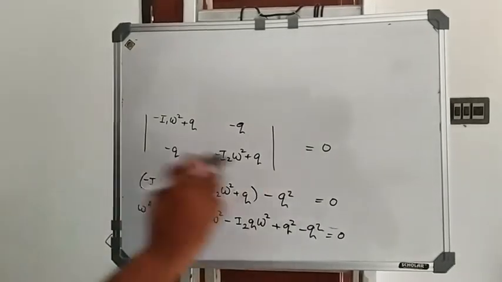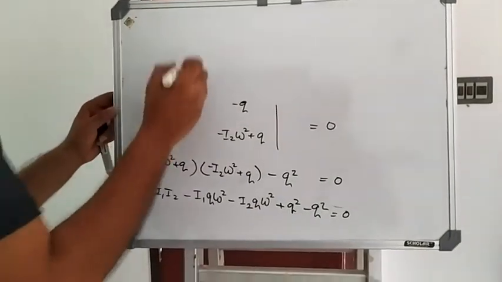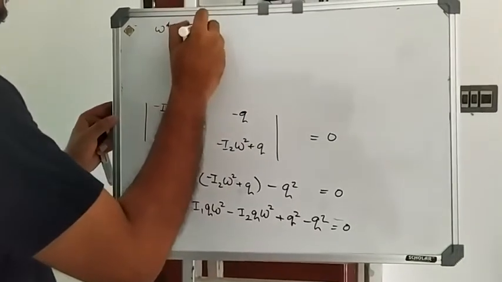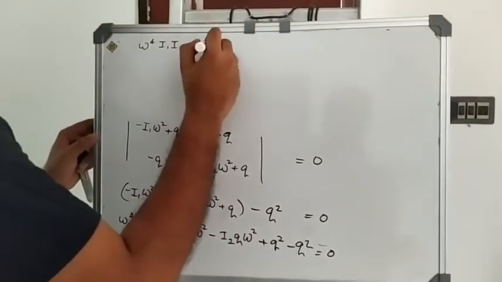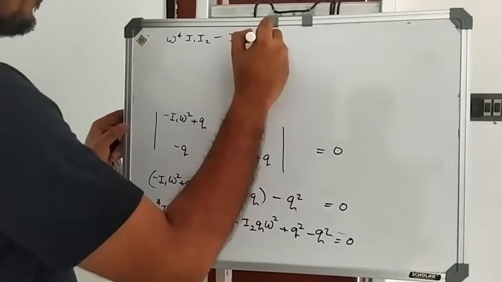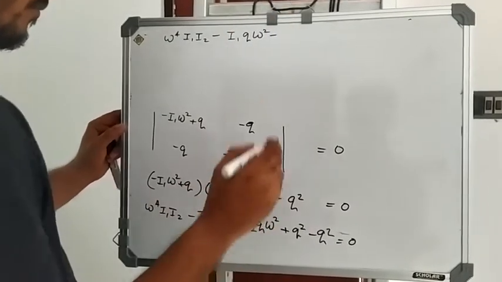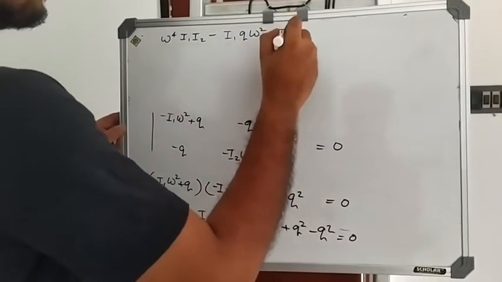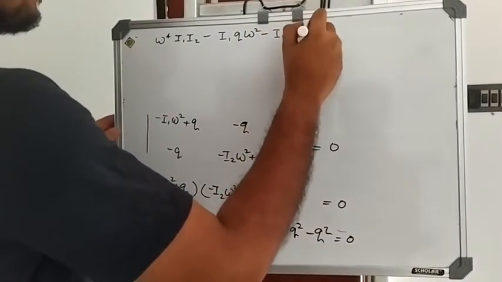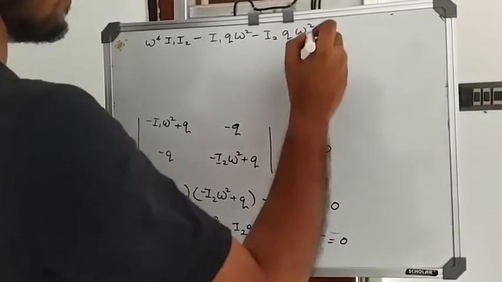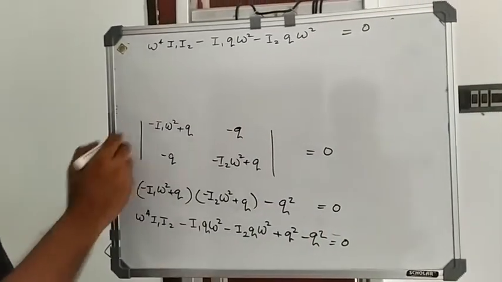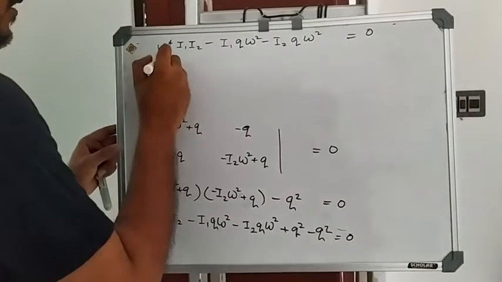Let us slightly rearrange this equation. This becomes omega raised to 4 I1 I2 minus I1 q omega square minus I2 q omega square equal to 0. Now let us take omega square common.